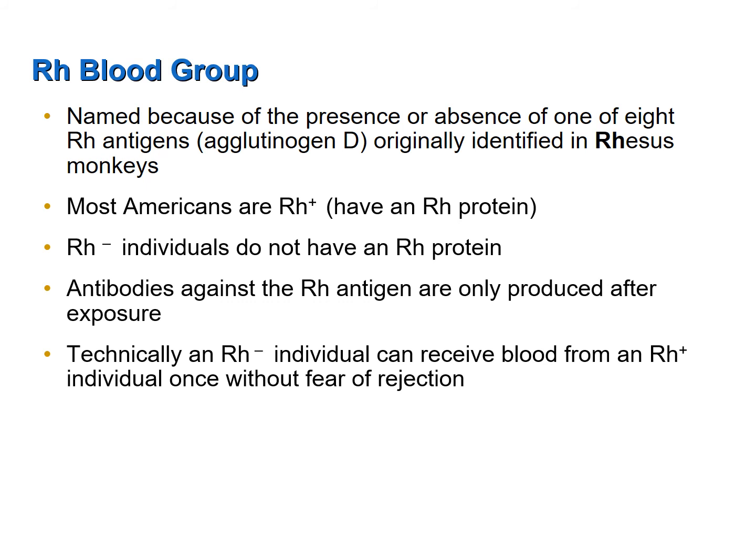So now let's talk about the practical significance of this, aside from the fact that you could never receive Rh positive blood again if you had been exposed to Rh positive blood previously and you were Rh negative.